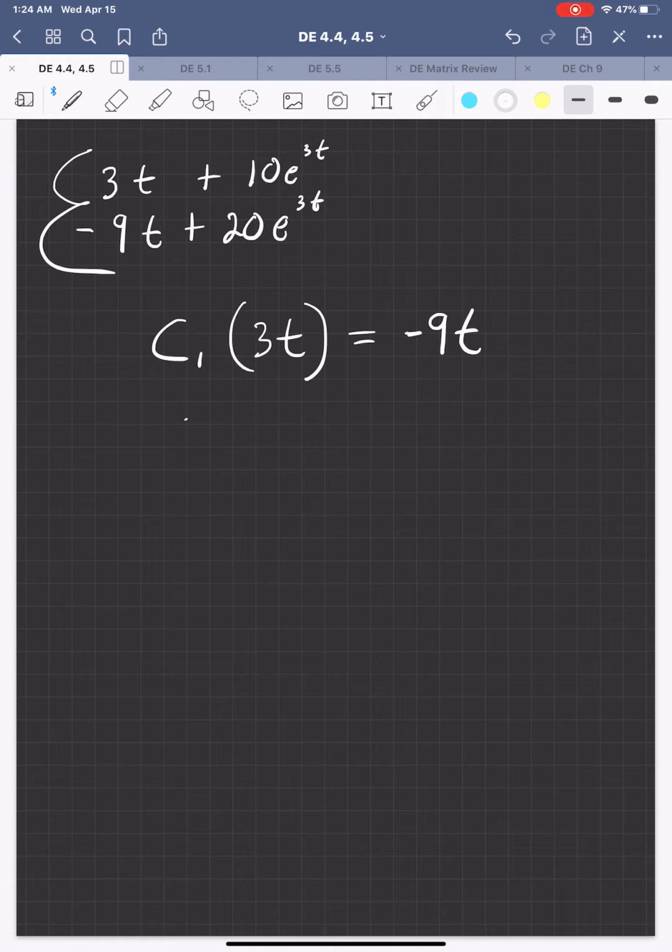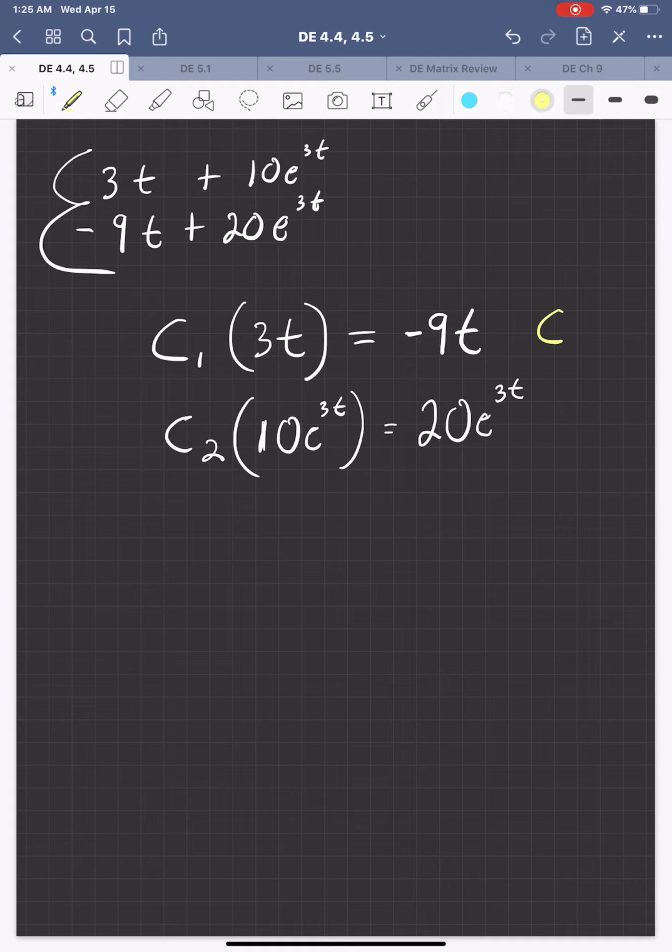In the same way, there has to be some scalar where I can scale 10e to the 3t such that I get 20e to the 3t. Those scalars are pretty easy to spot. In this case, c sub 1 would be negative 3, and c sub 2 would be positive 2.